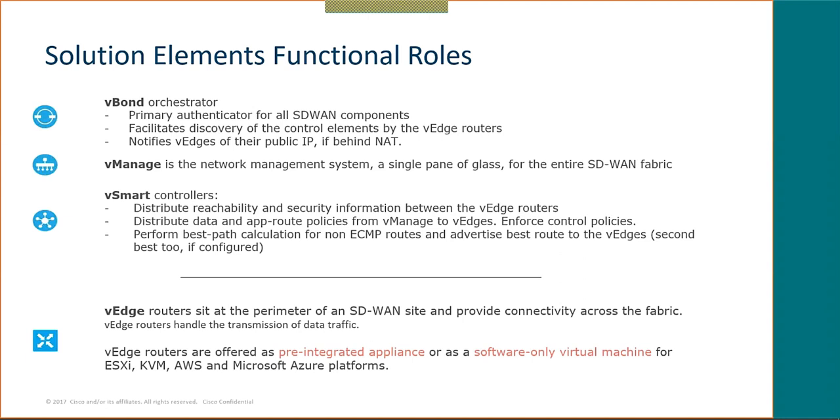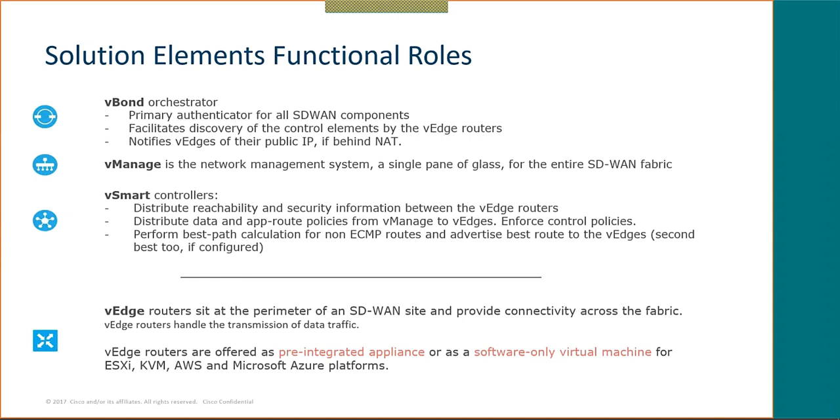So vEdges are not going to be configured with any information about other controllers. They will talk with vBond. When they are successfully authenticated, vBond instructs them about which is the vSmart inside the fabric and which is the vManage inside the fabric. So fabric controller discovery and fabric information about the controllers will be notified by the vBond.